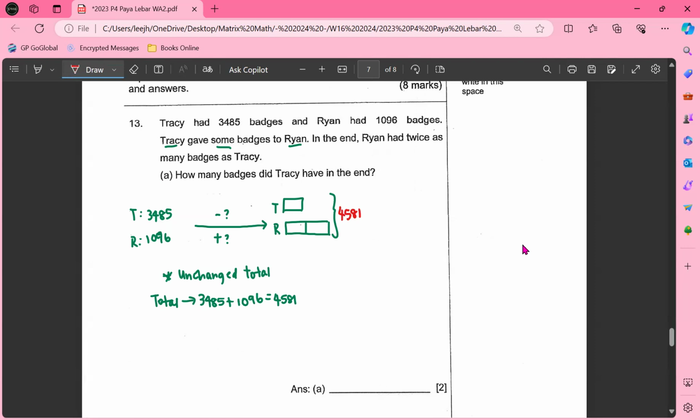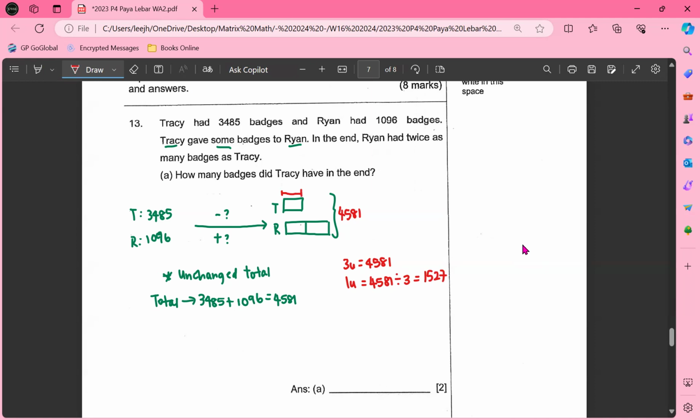So you can see here 4581 represents how many units? It's actually 3 units. So 3 units is 4581. Look for 1 unit. 4581 divided by 3 is 1527.